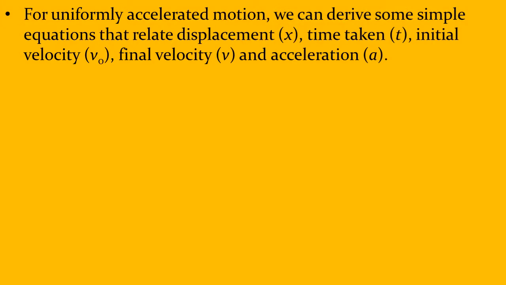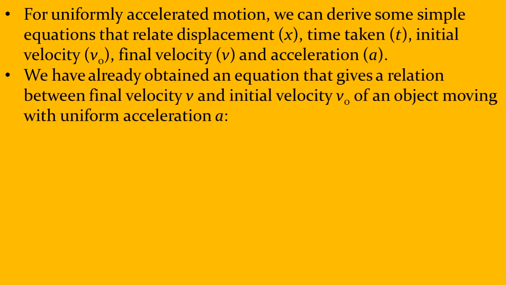For uniformly accelerated motion, we can derive some simple equations that we just now saw, which relate the displacement x, the time taken t, the initial velocity v0, the final velocity at any instant v, and the acceleration a.